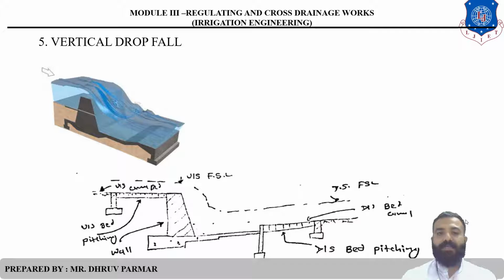When the flow moves from upstream to downstream, the energy of flow is dissipated by the system. This is not very useful because debris and some materials clog that portion of the system. So this fall is not very popular due to this issue.